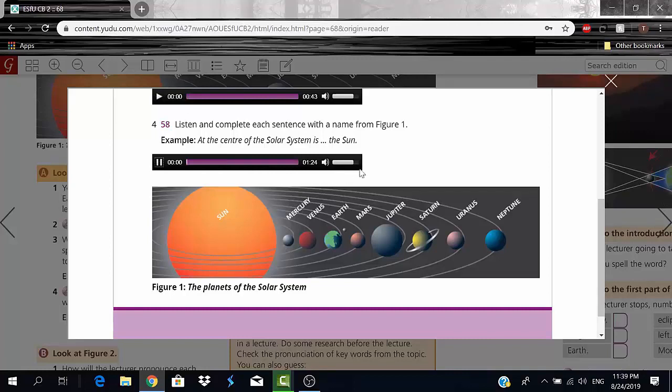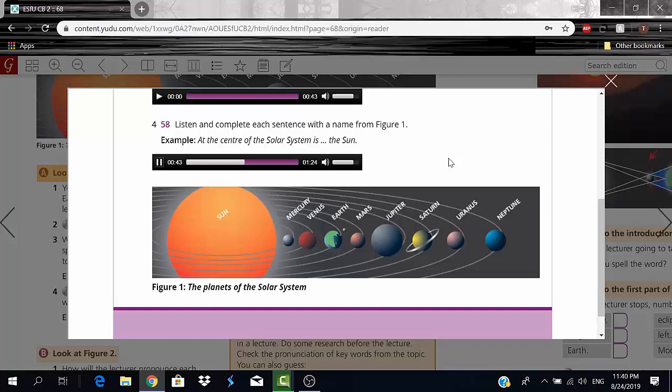Here we go. 58. Exercise A4. Listen and complete each sentence with a name from figure 1. 1, At the center of the solar system is the sun. 2, The nearest planet to the sun is called Mercury. 3, The fourth planet from the sun is called Mars. 4, There is a large planet with rings.